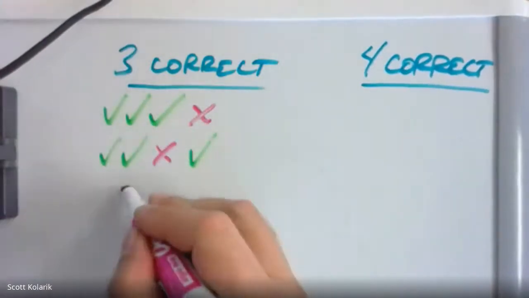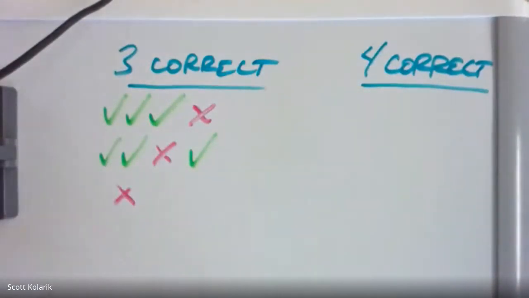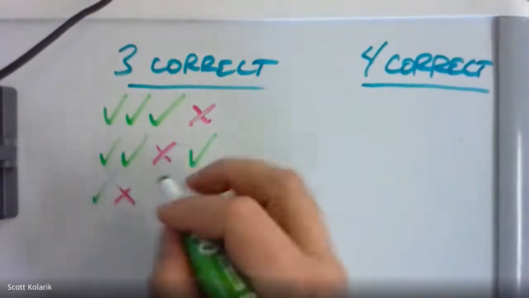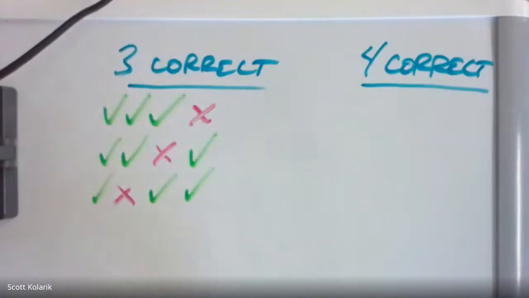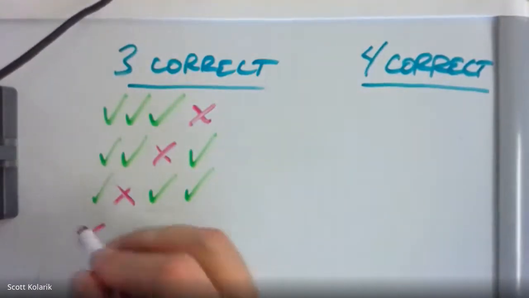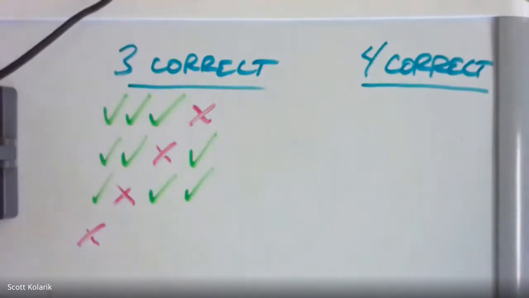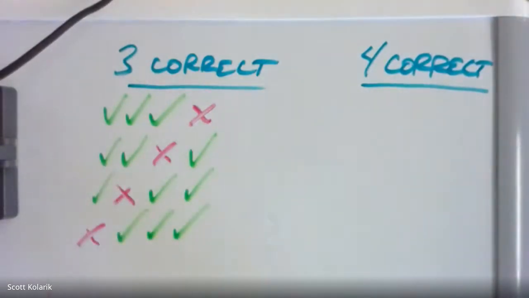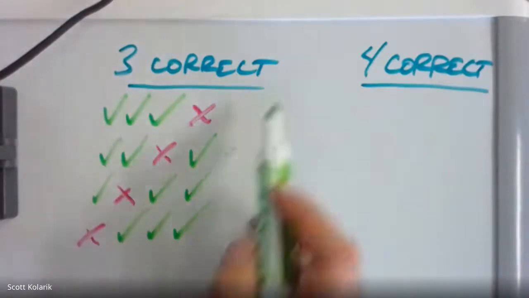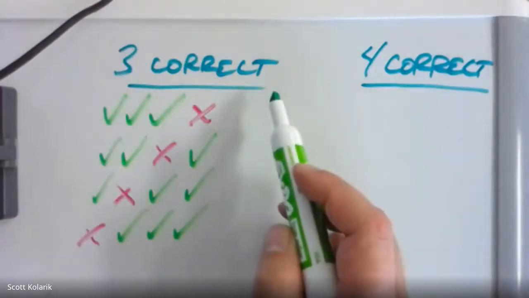I could have gotten the 2nd one wrong and gotten the 1st, 3rd, and 4th correct. See, I'm just sliding my way down here. Or I could have missed my first question and gotten the last 3 right. And that's it. There are 4 different ways for me to get 3 correct.